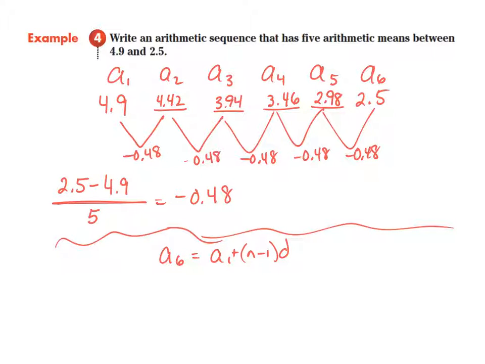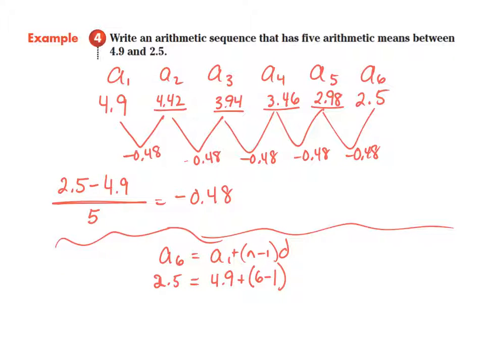I know my A6 is 2.5. I know that my A1 is 4.9. The number of terms, my n in other words, was 6.